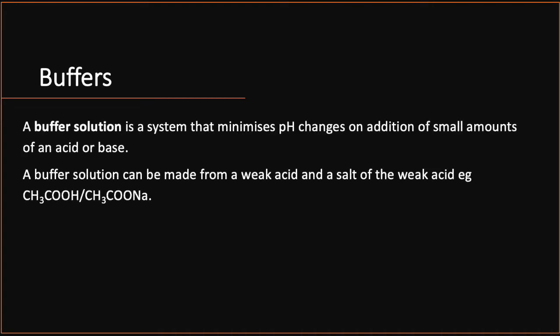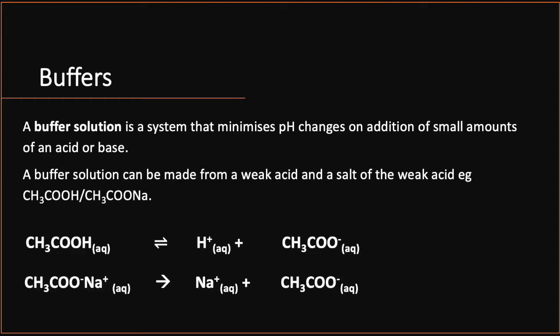A buffer solution is one which will minimize any change in pH on addition of a small amount of acid or a base. An acidic buffer will obviously have an acidic pH and is made up of a weak acid and the salt of a weak acid.